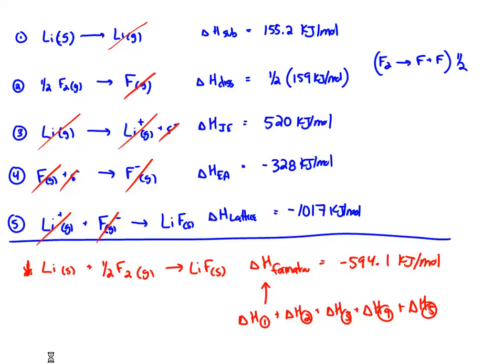The other way we can do it is we can kind of draw it in terms of an energy scale. So for instance, we can start with the energy that it takes to go from lithium solid to lithium gas, and realize that takes energy. We said that that delta H of sublimation was 155.2 kilojoules.